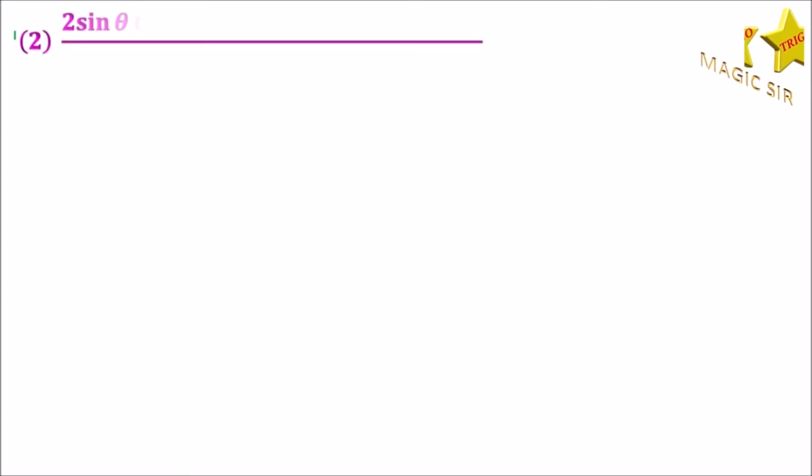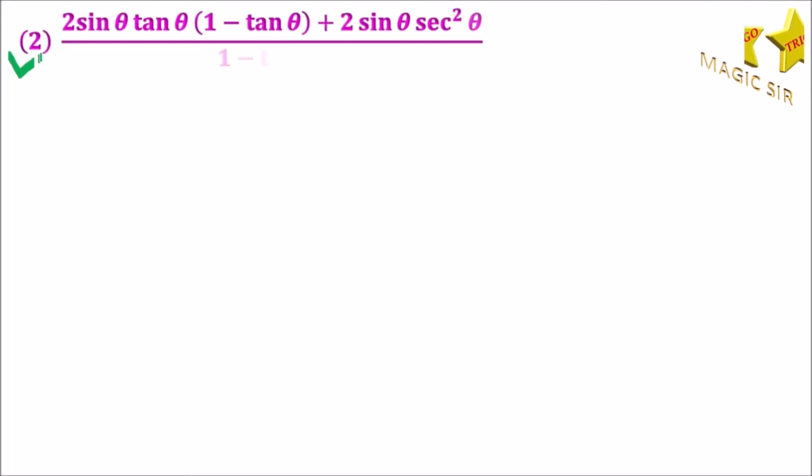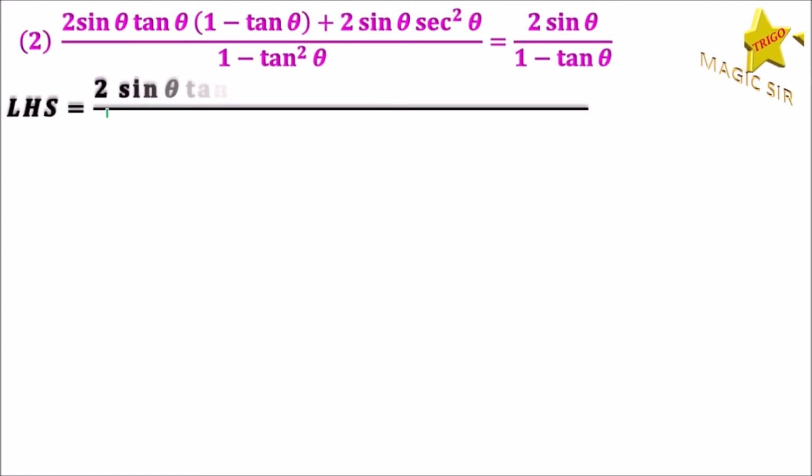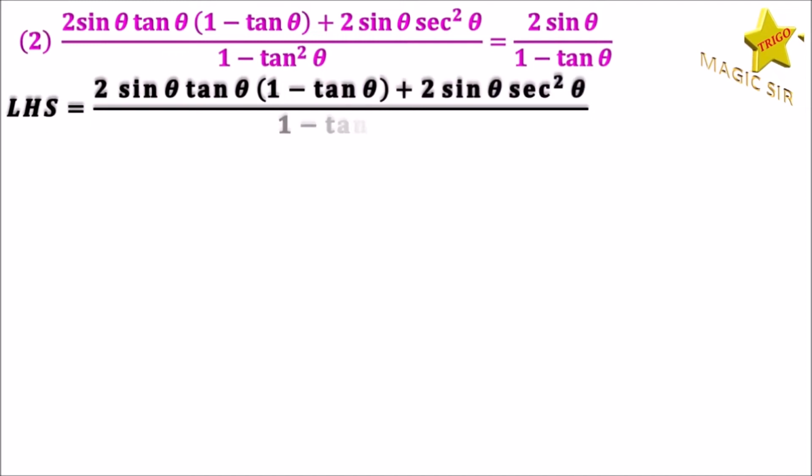Friends, look at the second example. Which side is more complicated in this equation? Here, the left hand side is more complicated. So we will take the left hand side for simplification.